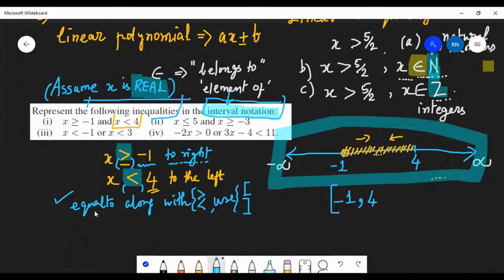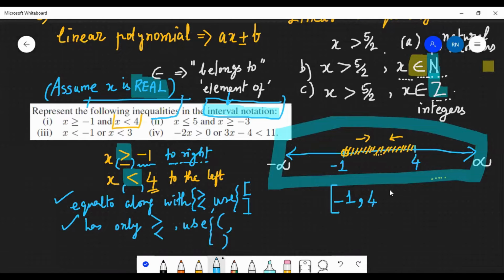So please write: if equal to is present, square bracket. If equal to is not present and the inequality has only the greater than or less than symbol, then you use curved brackets only, either opening or closing.